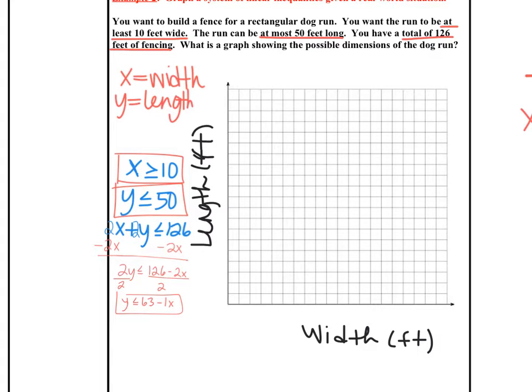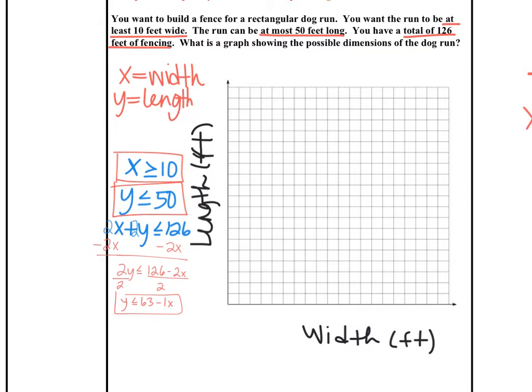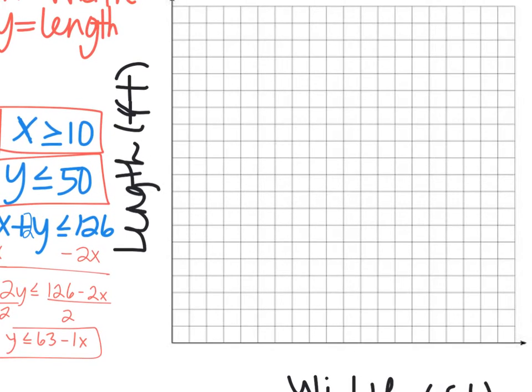This is real life, so you only want the positive quadrant. So if you drew in any other axes, erase them. We need it to go up at least to 60. You can use trial and error. You could skip 2's. I'm going to skip by 3's. And go 0. If you want to do more, that's fine. So if yours is a little bit different, that's fine, as long as it goes up to at least 63.